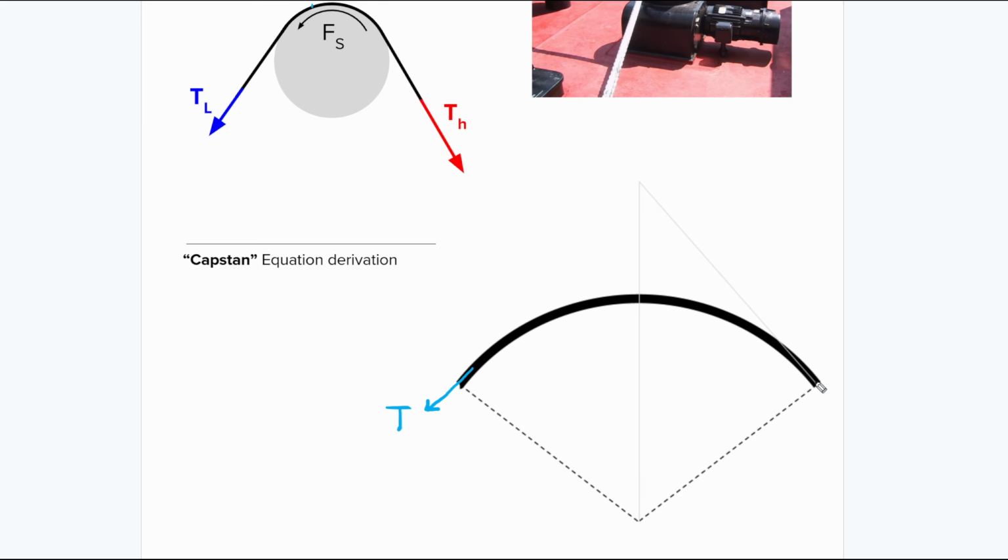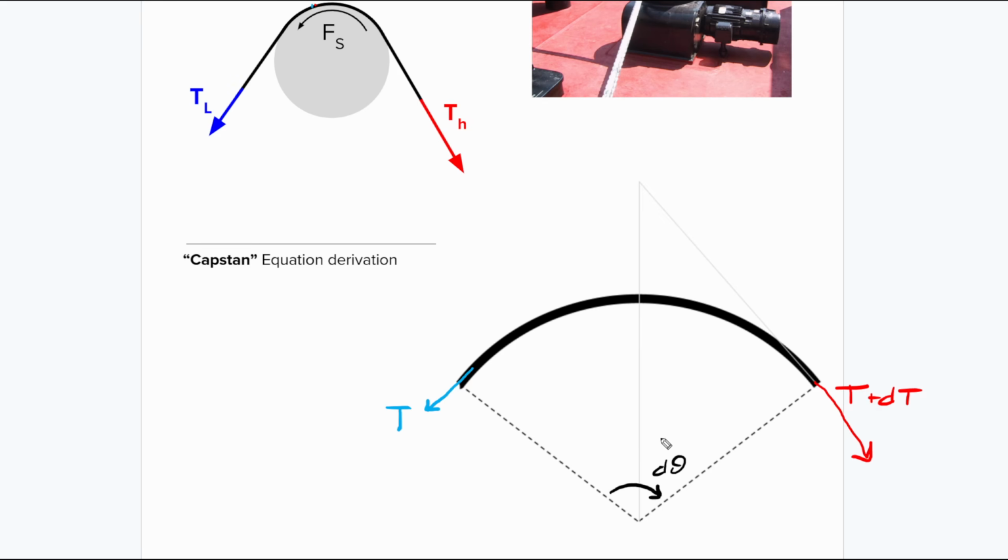And then on this side, it's bigger. This is going to be more tension. It's not going to be T_H tension because I'm just on the other side of that infinitesimal part. How much bigger? Well, let's call it T plus dT, a differentially small amount, because I'm going to make this a differentially small angle. I'm going to say this is d theta. I'm going to analyze this in such a way that this is an infinitesimally small piece.